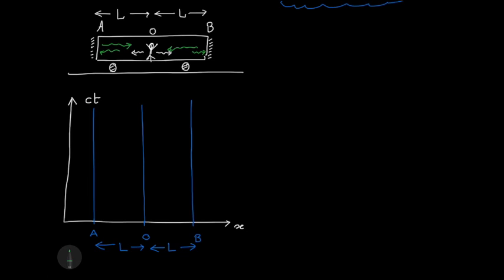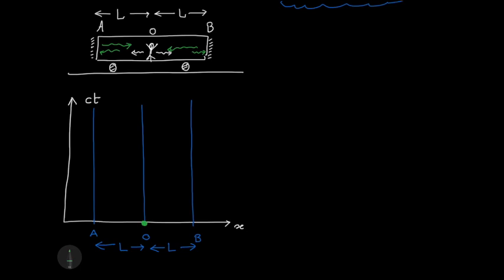We want to draw the world line of light. Now the light starts here, because that's the position of the observer at O at t equals 0. And remember that light always goes at 45-degree angles, because the speed of light is c, and remember tan theta is v by c, so c by c becomes 1, so theta is 45 degrees.